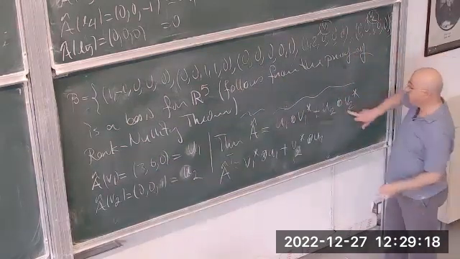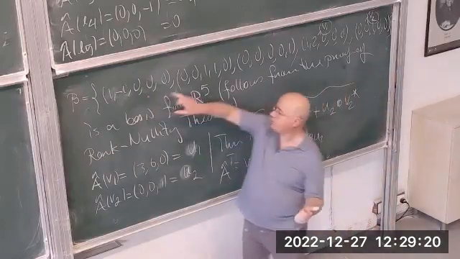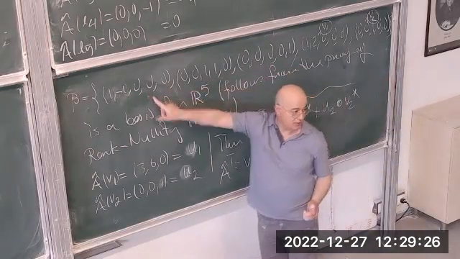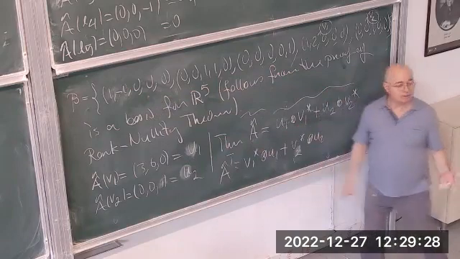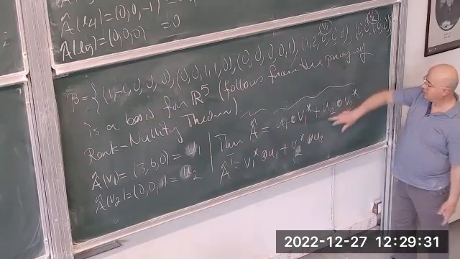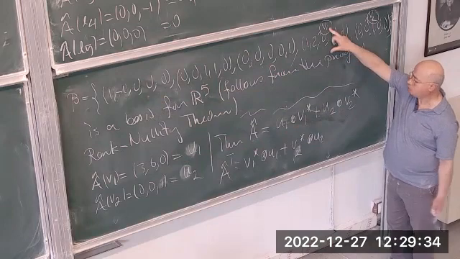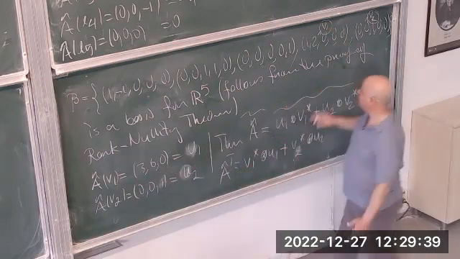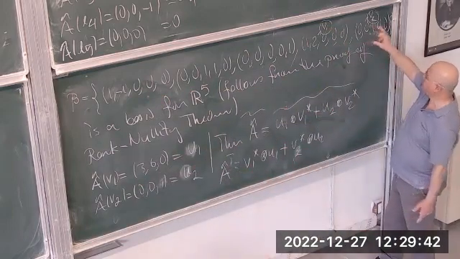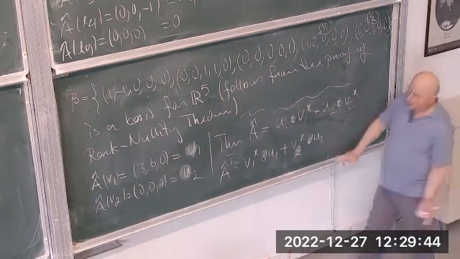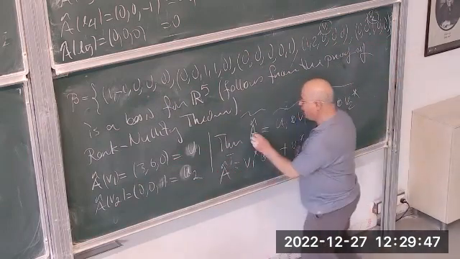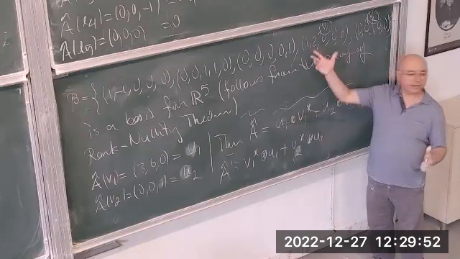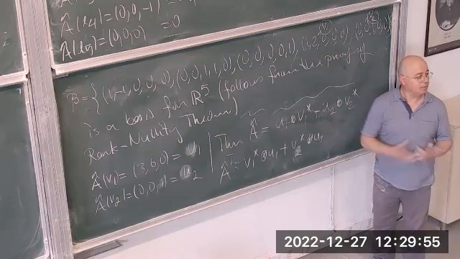So V1 star and V2 star will give me 0 here, 0 here, and 0 here. So this tensor is 0 on these 3 vectors. And A hat also the same. And then this tensor sends V1 to U1. Well, A hat does the same. And this tensor sends V2 to U2. And A hat does the same. So A hat and this tensor act the same way on this basis elements. Therefore, they are the same.